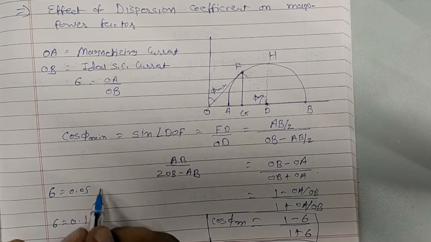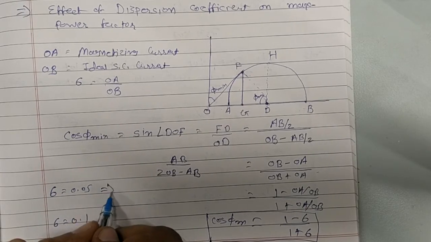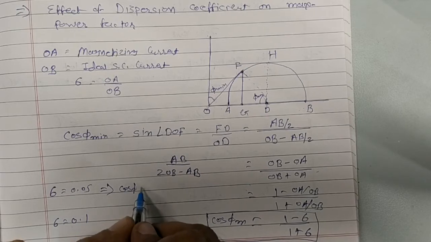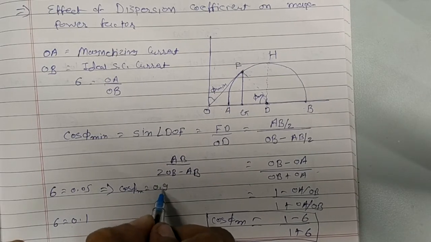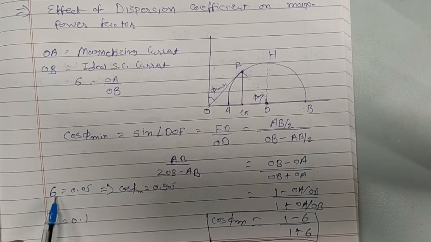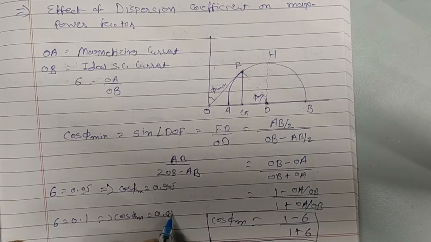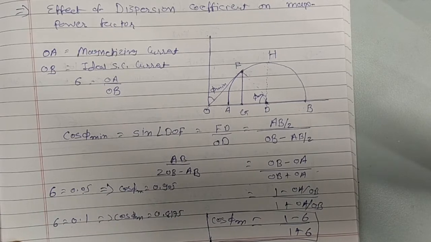In the first case, if you calculate, your cos phi m will be 0.905, and for the second case, your cos phi m is going to be 0.8175.